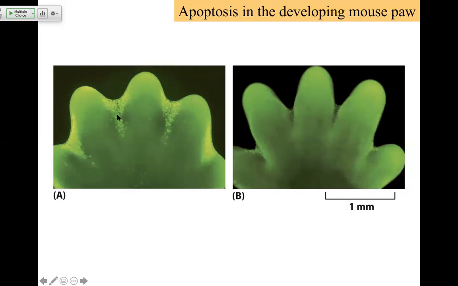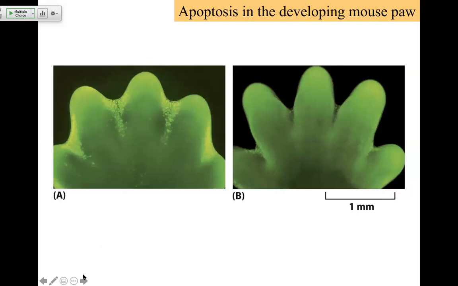These little yellow dots are cells that are undergoing apoptosis, regulated cell death. The death of those cells results in, a day later, the sculpting of individual digits of this paw. Right? So this is a normal and necessary event in normal development.